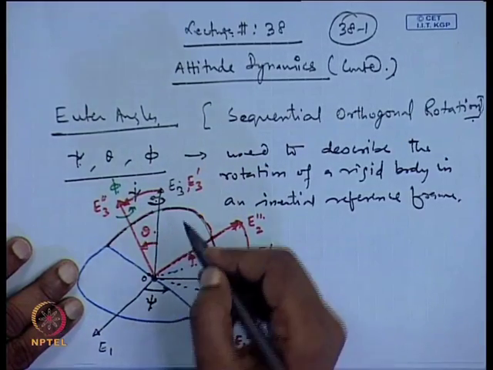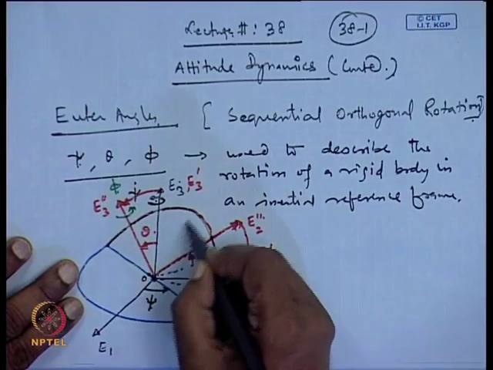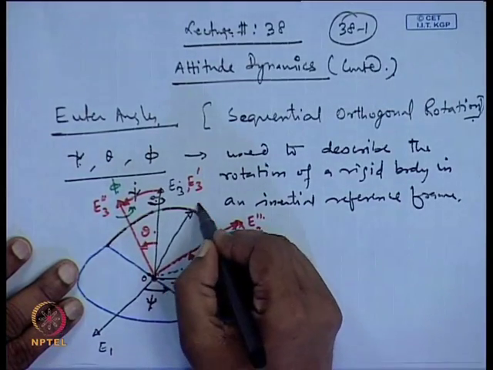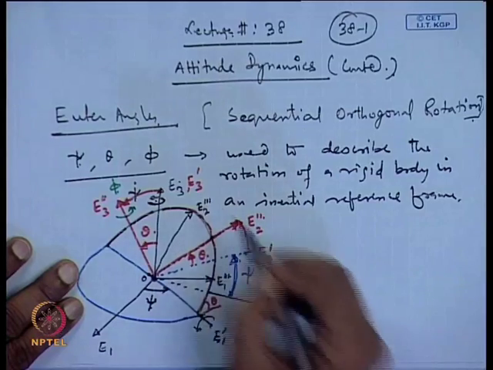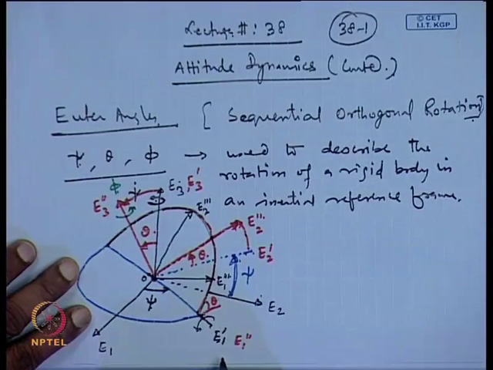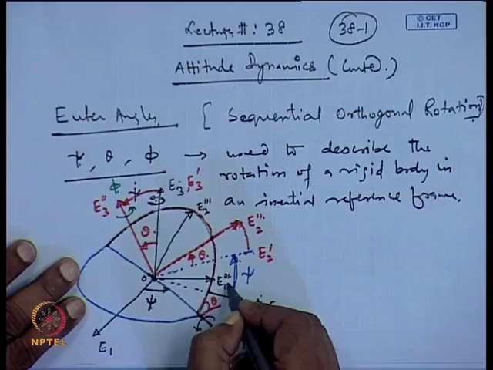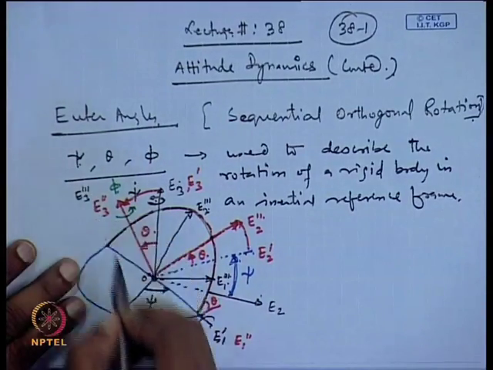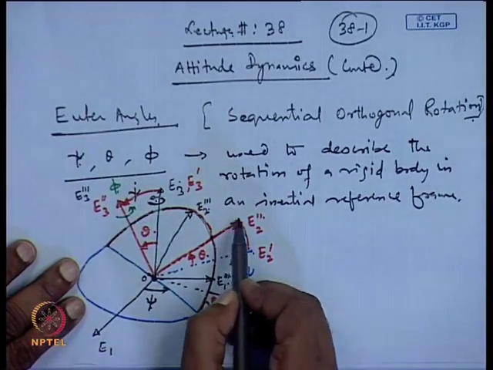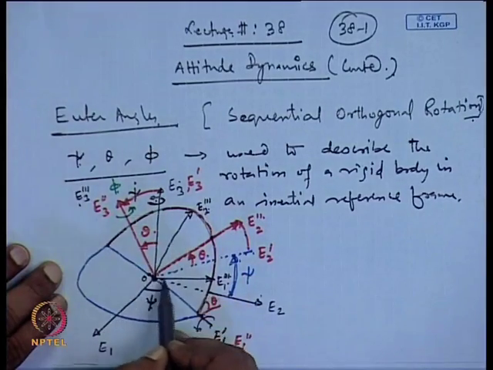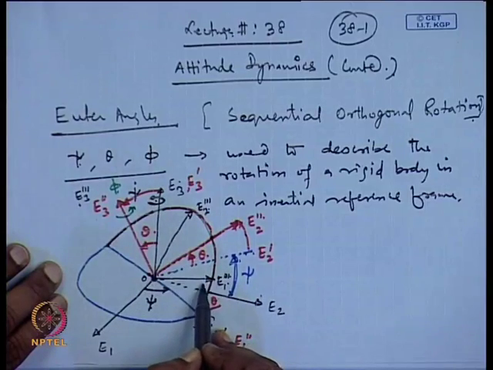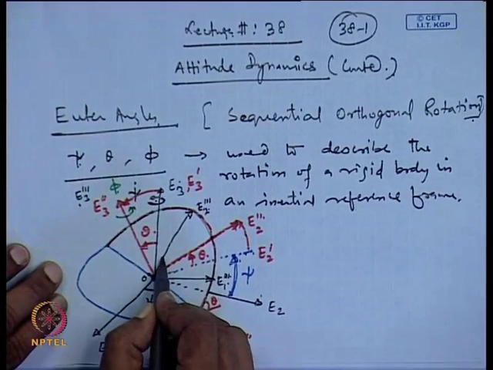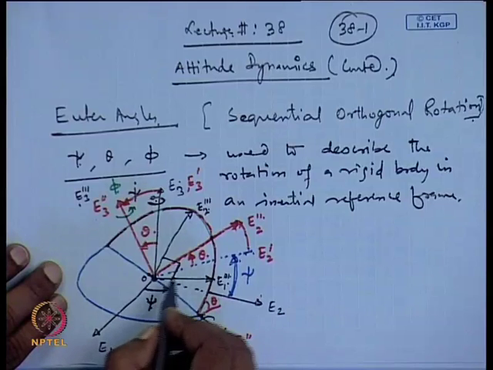Similarly, this will also rotate by angle phi, and it will move away from this place to this place, and this is E2 triple prime. Remember E1 prime, E2 prime and E3 prime, and E3 prime will be here in this place itself. So, E1 triple prime, E2 triple prime and E3 triple prime form orthogonal axes. The angle from here to here, this black angle, is 90 degrees.